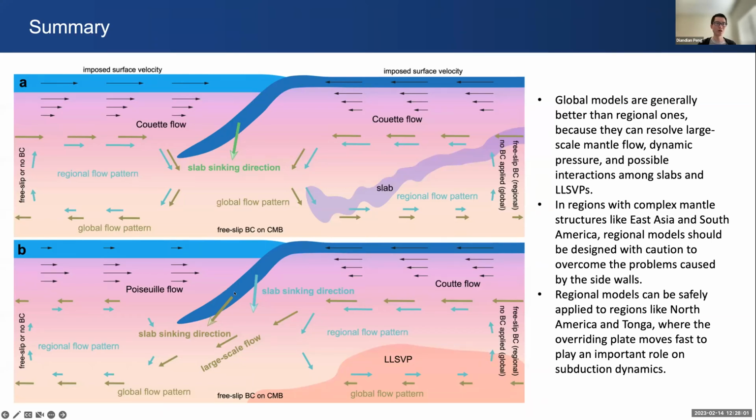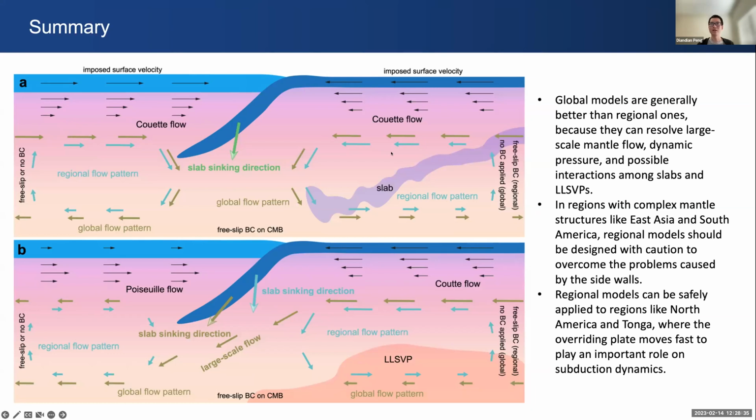As a result, the slab sinking direction in a global model tends to be more flattened, which means the slab dip angle in a global model will be smaller than in a regional model. This is why the regional model for East Asia is different from the global model.